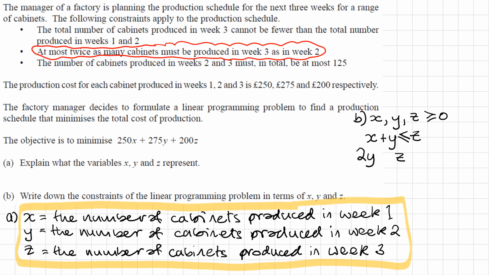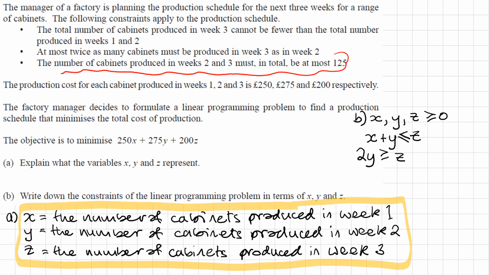So that means I'm going to have z less than or equal to 2y. In other words, the number of cabinets produced in week 3 must be at most double the number produced in week 2.